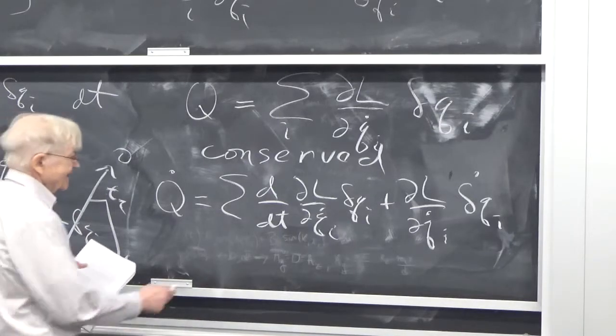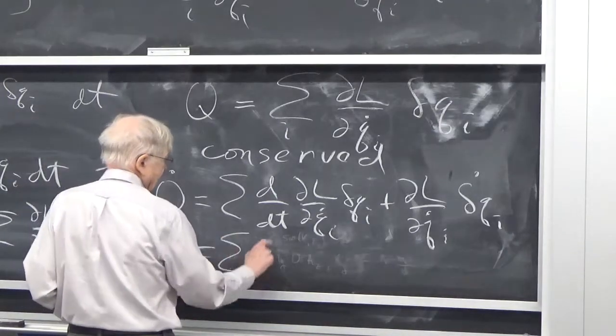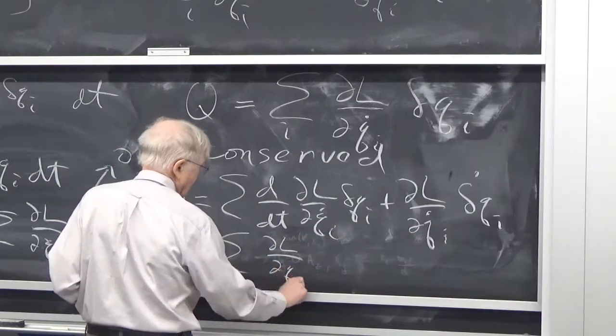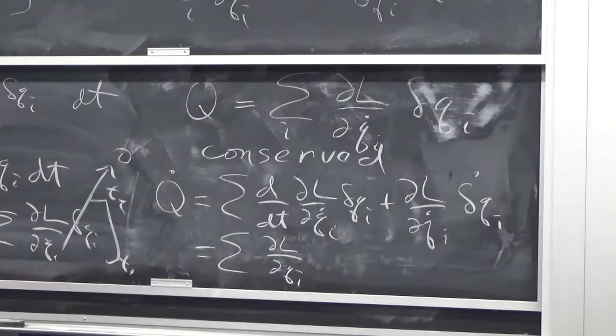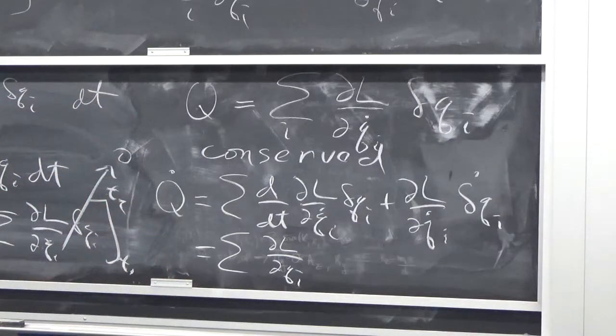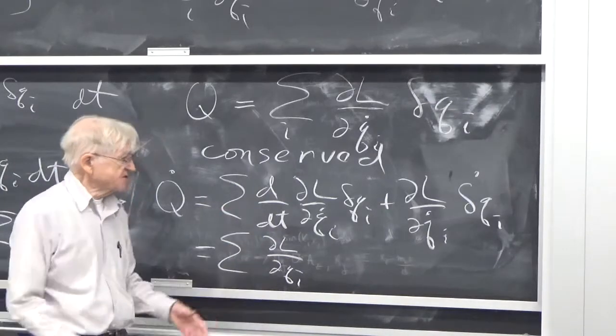On the other hand, this thing is the partial of L with respect to Qi, where what we're saying is that this thing is conserved as long as the classical equations of motion are obeyed, and consequently Lagrange's equations are true.